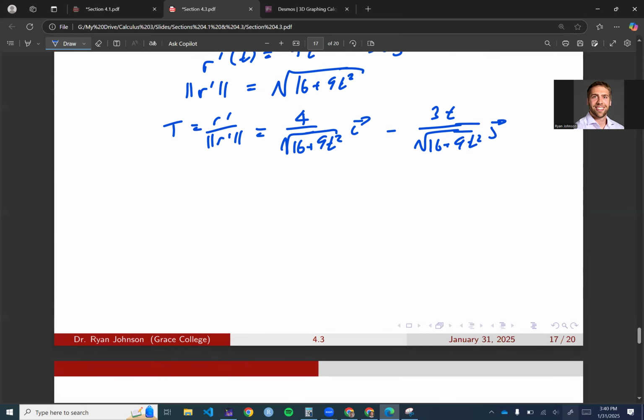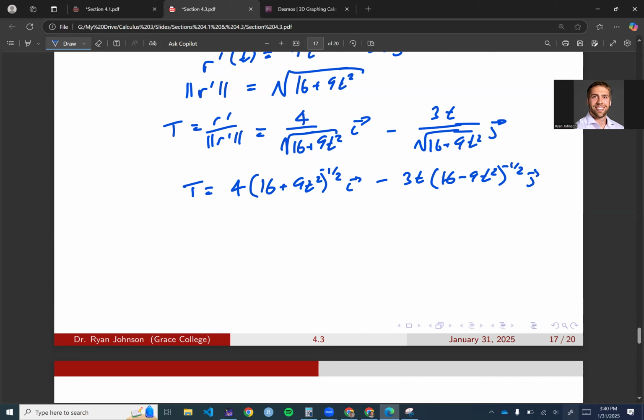So, if you get one of these, the best thing to do is to write it so that you're doing chain rule or product rule more than quotient rule. So I would write T again as, say, 4 times (16 plus 9t squared) to the 1/2 power i minus 3t times (16 plus 9t squared) to the negative 1/2 j.